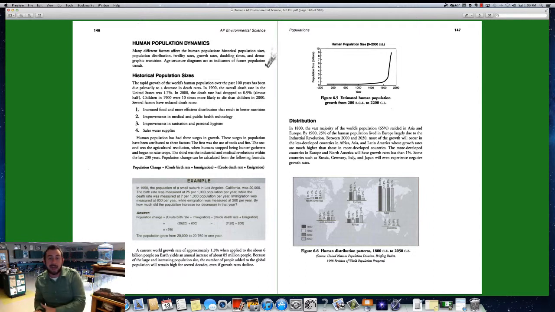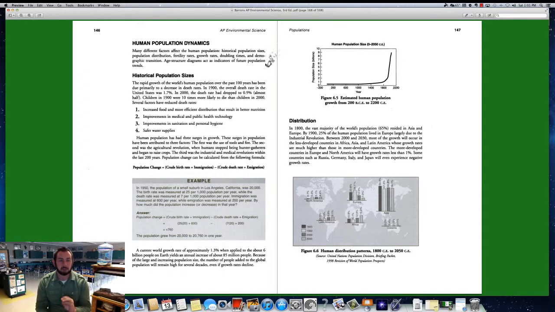Doubling times are how fast we're doubling our population in size. And demographic transition means, based upon our culture, how our population is changing. Age structure diagrams act as indicators of future population trends, and we'll look at those in just a little bit.